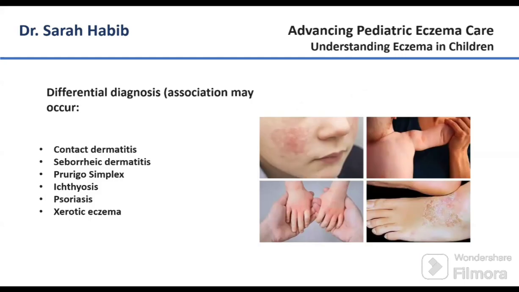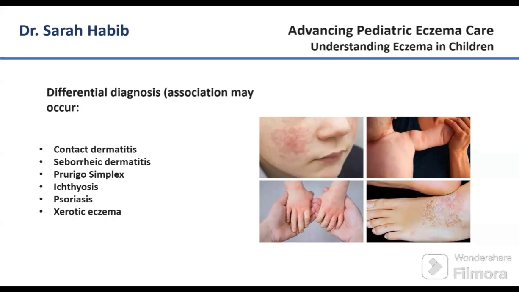Moving on to the differential diagnosis, it can be confused with many other skin conditions, and it is the most misdiagnosed case in our practice. So it could be a contact dermatitis, it could be a seborrheic dermatitis. It can look like this, and it can be ichthyosis. It is a very, very common differential diagnosis of atopic dermatitis.